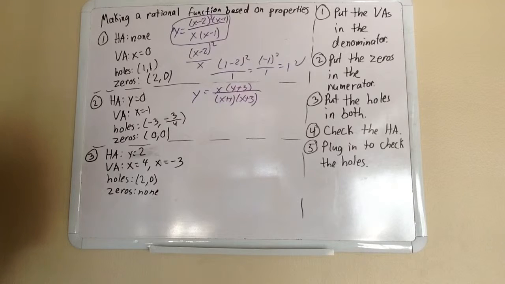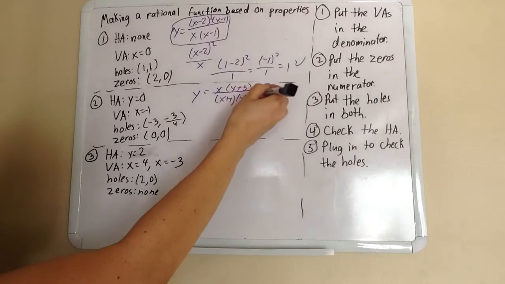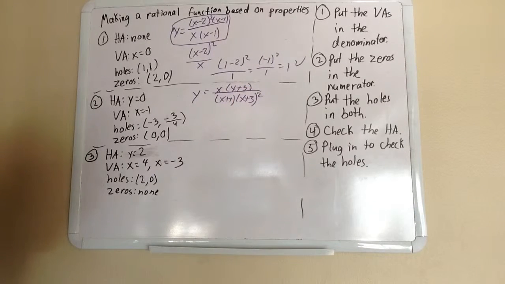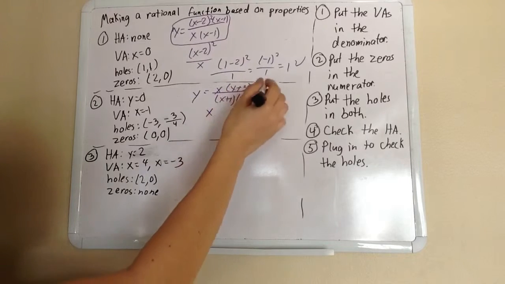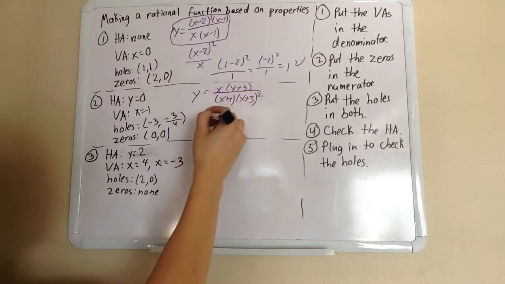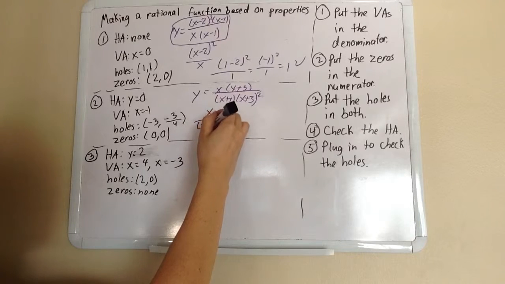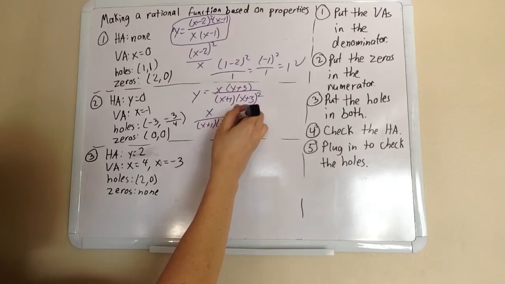So looking at this one here, let's square the second one, see if that works. If we square the second one, we're going to simplify. I got x, that will cancel out with one of those, and it'll be x plus 1, x plus 3.